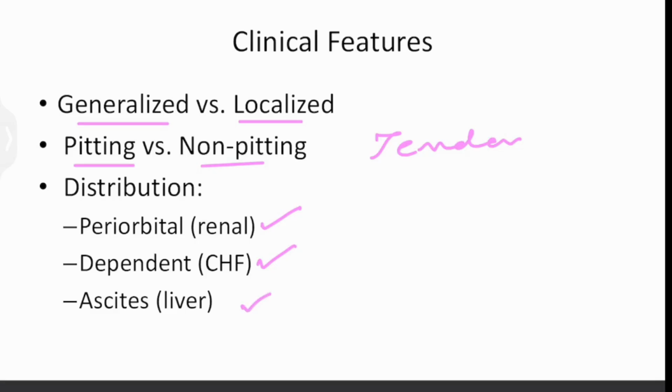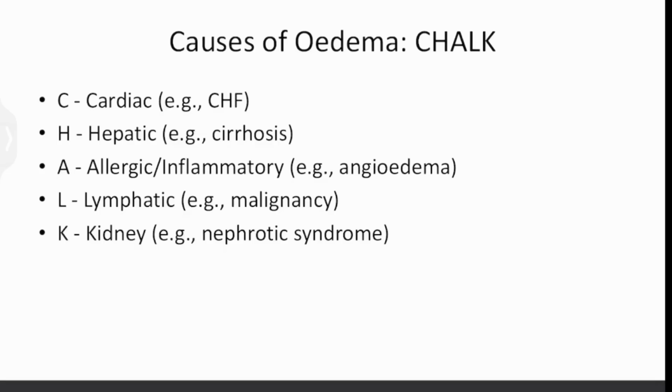Hope this distinction is clear to you. Now we go into the main causes of edema. You can remember them by using CHALK. C is for cardiac failure, H is for hepatic disease, A is for allergic angioedema and inflammatory conditions, L is for lymphatic, for example after mastectomy or radiation therapy, and K is for kidney disease.